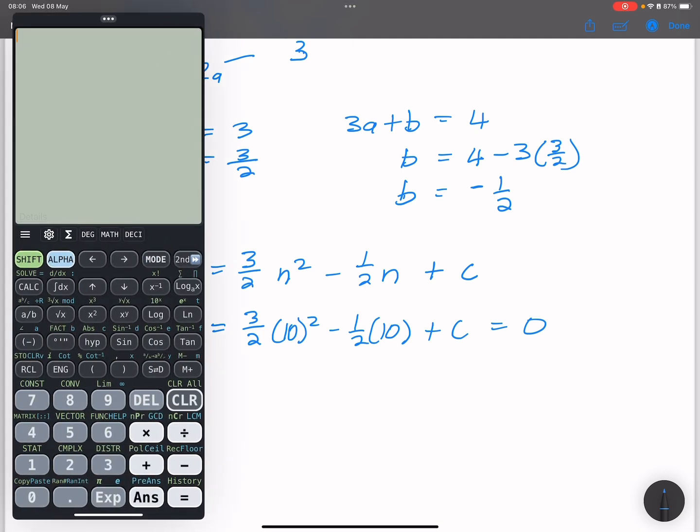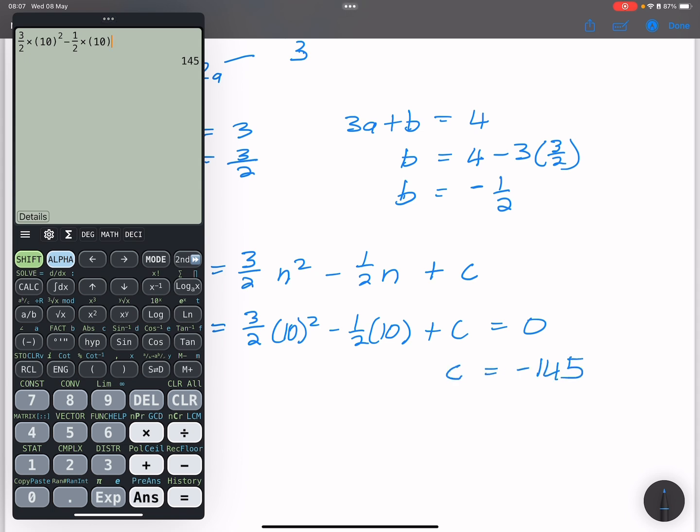So let's do this. We're going to say 3 over 2 multiplied by 10 squared, minus 1 over 2 multiplied by 10. That gives us 145, and if we take it to the other side, it becomes negative 145.